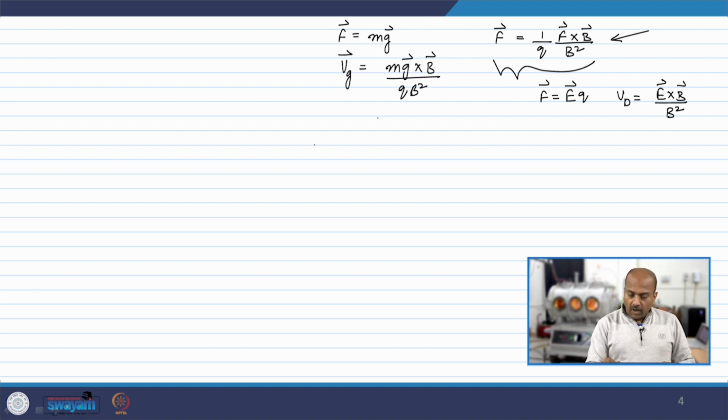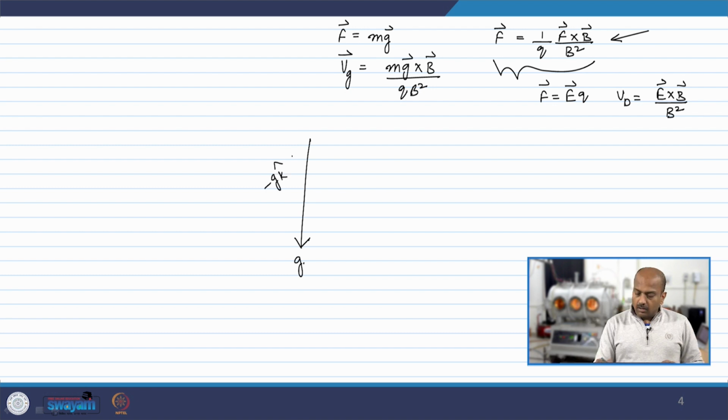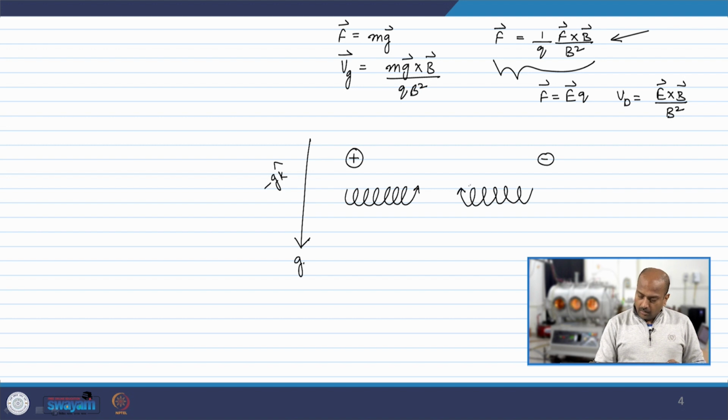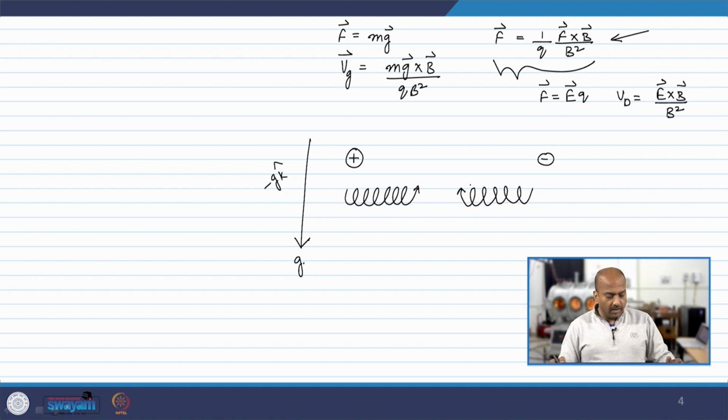So, if you have the gravitational pull in this direction, which is minus g k cap, okay, then the positive ions, I am drawing the trajectory for positive ions, will drift like this, and the negative ions or electrons will drift like this.